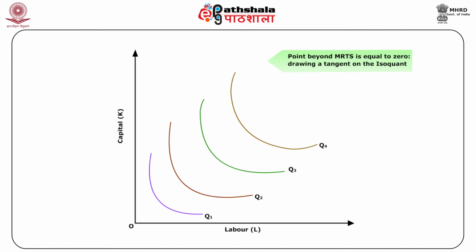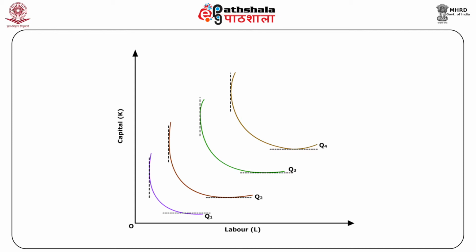Such a point where MRTS is equal to 0 can be determined by drawing a tangent on the isoquant such that it is parallel to both the axes. In the diagram, MRTS is equal to 0. It is represented by the dashed lines.